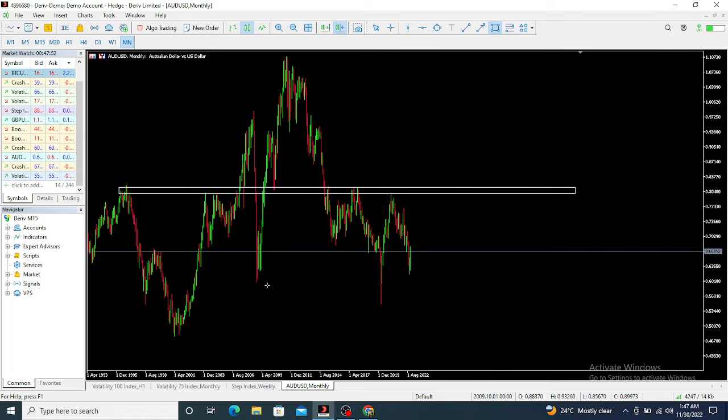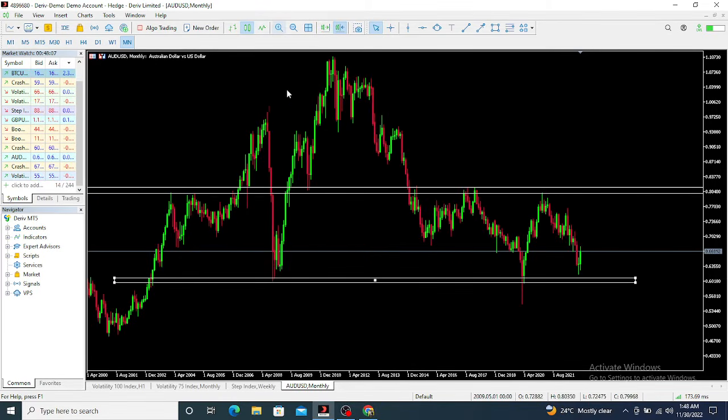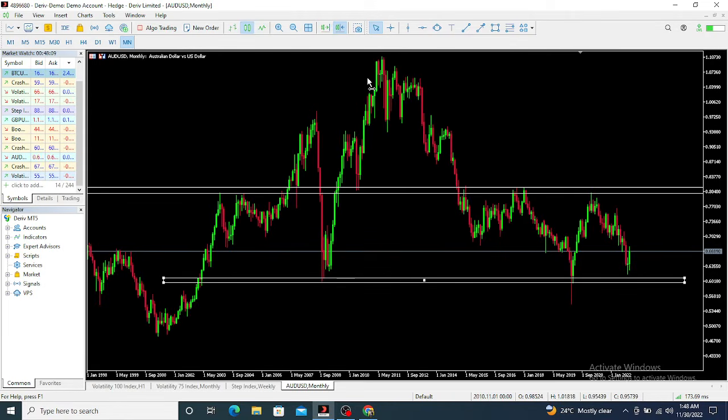I think the next most obvious zone would be this area, this level here. Price has respected that area in previous times. Let me zoom out a little bit so we have a better view of this.